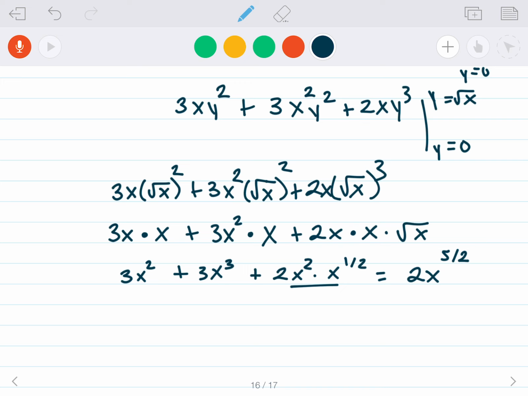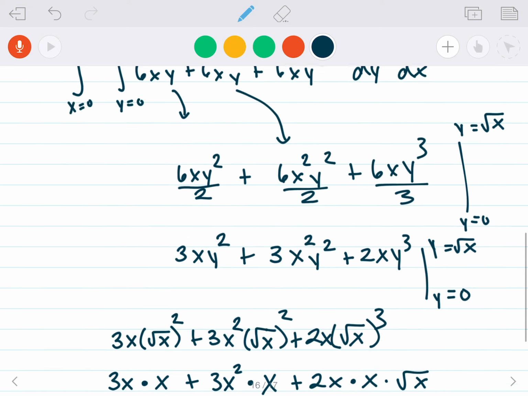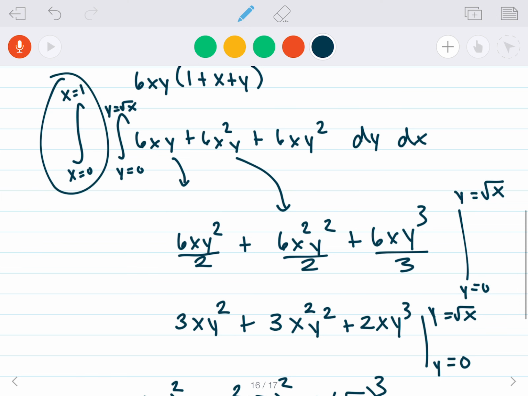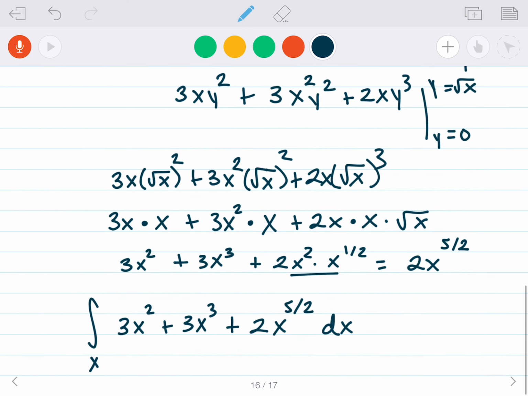So I'm just trying to make this look a little bit nicer before I finally integrate with respect to x. Okay, so this is plus 2x to the 5/2. I'm integrating with respect to x, and I'm going from x equals 0 to x equals 1. Okay, so finally, let's go ahead and do this.